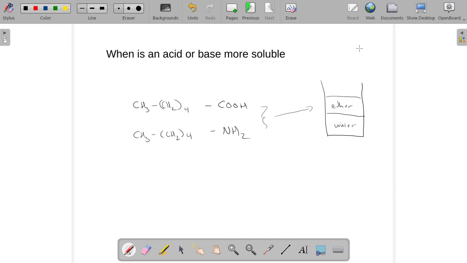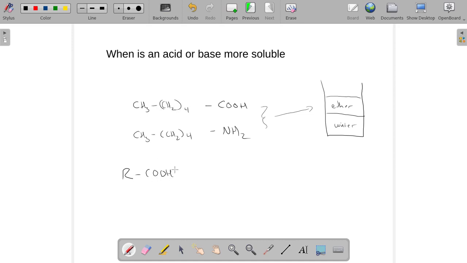All right, what I can do to get them into the water portion is either add an H or remove an H. So carboxylic acids, because they are acids, very easily, and I'm going to rewrite this. I'm not going to write it as CH3, CH2, COO. I'm going to write R and then COOH, because the R is what this thing simplifies at.